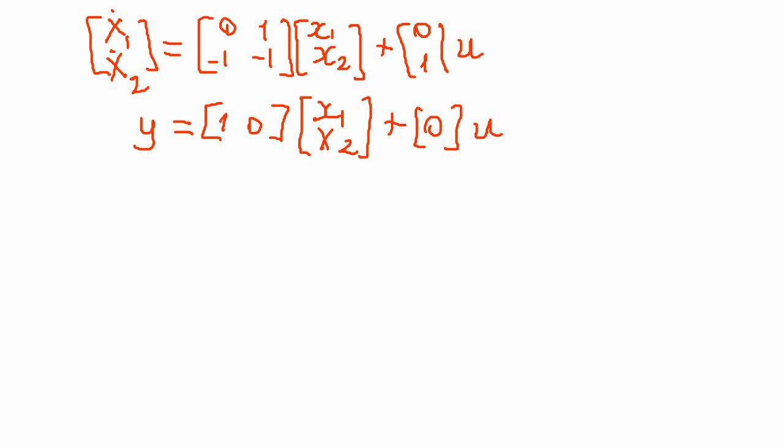These are state equations. You remember that. The A matrix is this one, the B matrix is that one, which is a vector, and this one is our output matrix.